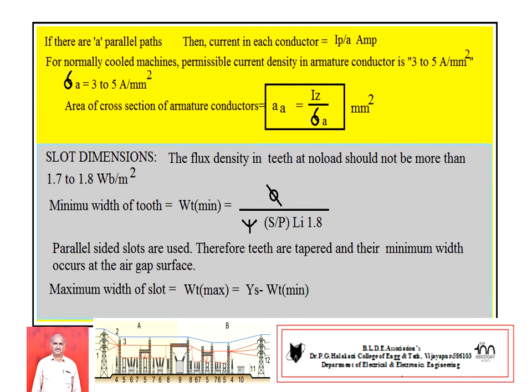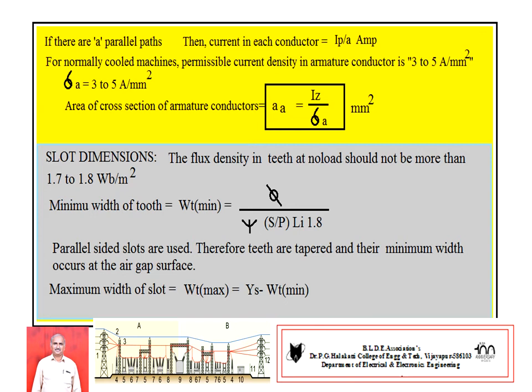Parallel sided slots are used, therefore teeth are tapered. Remember, with parallel sided slots, the teeth should be tapered, and the tip should be tapered at the air gap. That means, try to imagine a parallel sided slot where the teeth is tapered, and the minimum width is available at the stator bore diameter.